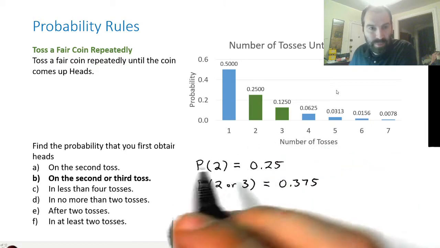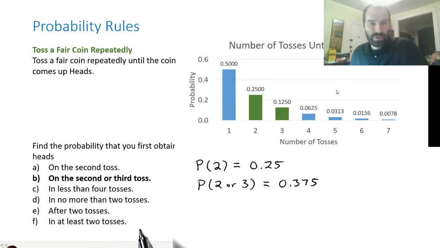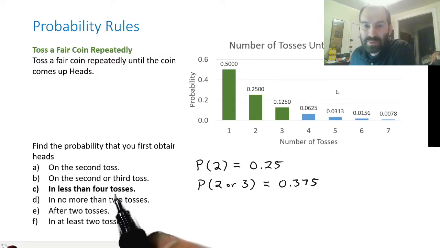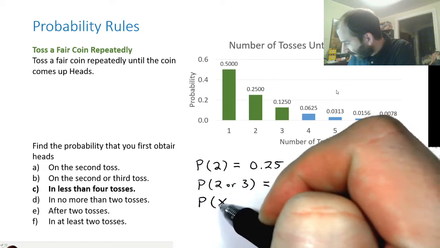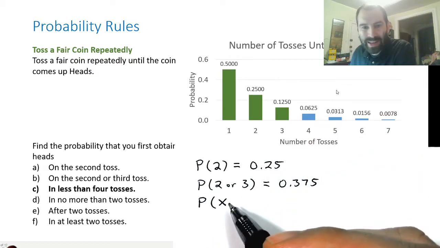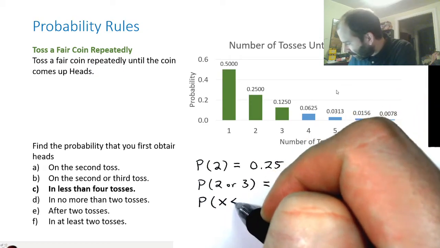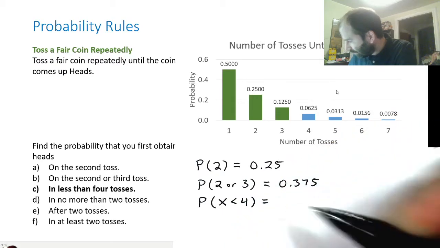What about the probability that I first attain heads in less than 4 tosses? Here, I'm going to have to use my variable x, because I need to put a less than sign, and I need something next to it, right? So let's put x is less than 4.